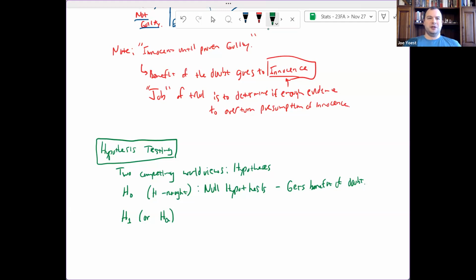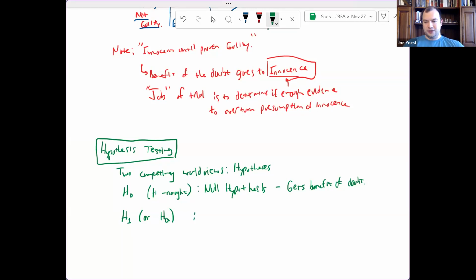I don't really have any reason to think that my drug would work better than what's out there already. Or another way of thinking about it, it's the opposite of what I, as the researcher, want to be true or want to prove. I'm giving the benefit of the doubt to the other side of the argument.